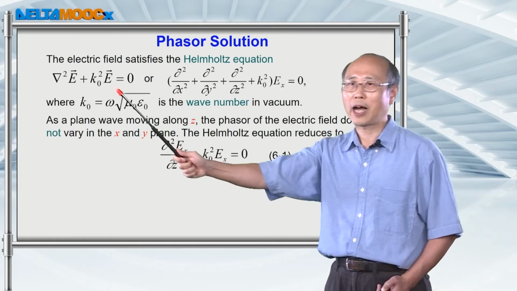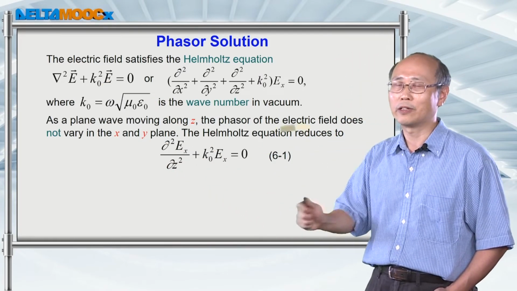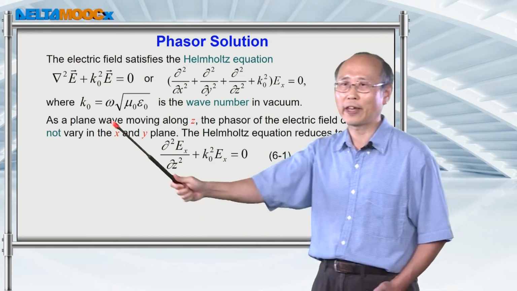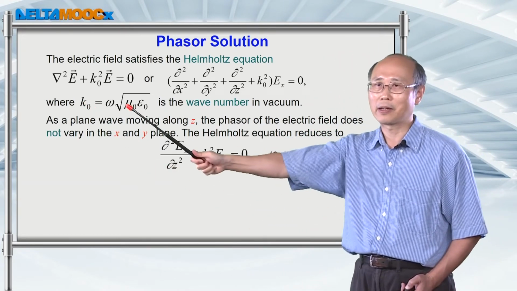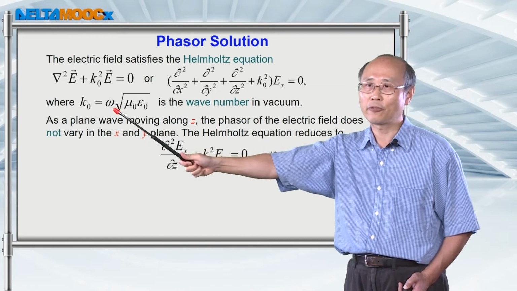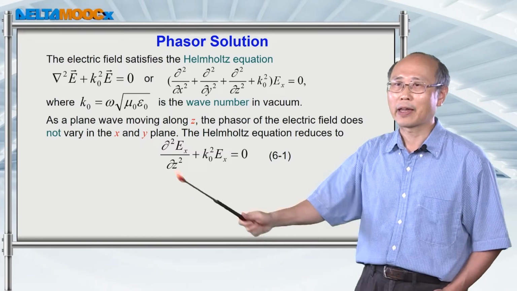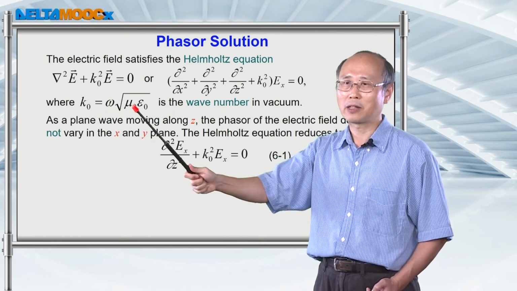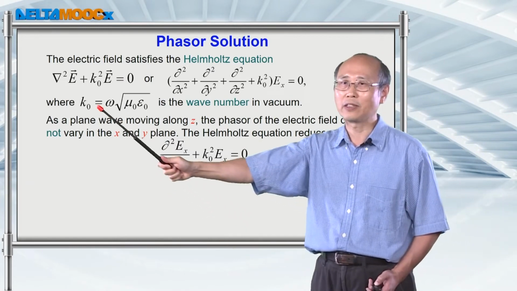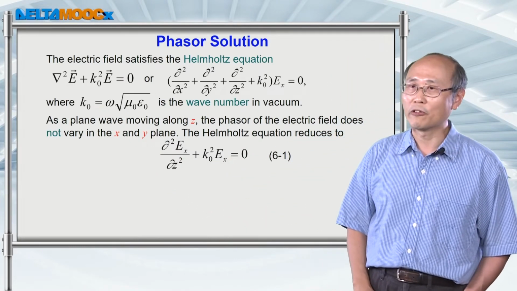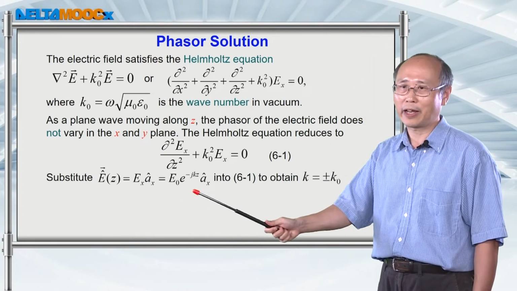And then copy down this k0 square to here. And k0, don't forget that this is a wave number for a wave, and it's expressed by the angular frequency multiplying with the square root of mu epsilon. And if you try to calculate out the final value, then this k0 is going to be equal to 2 pi over the wavelength.